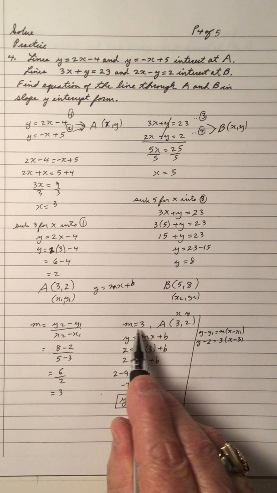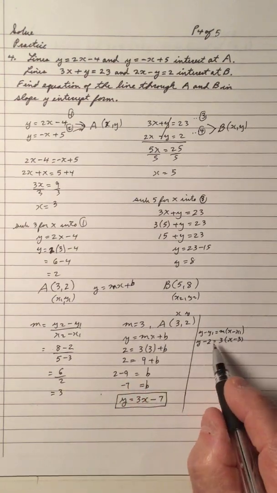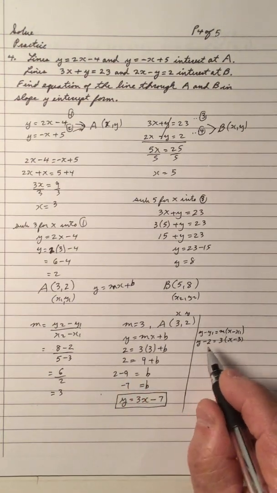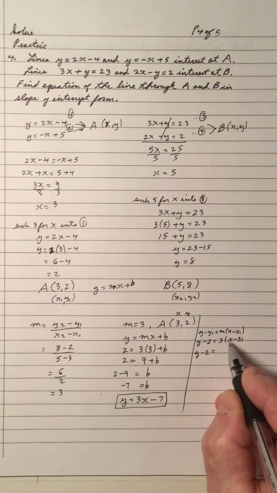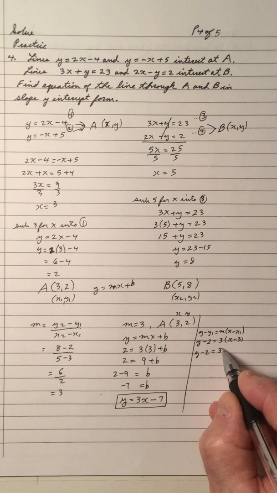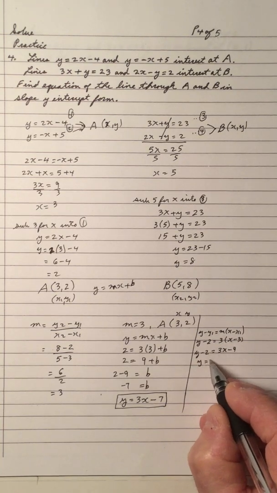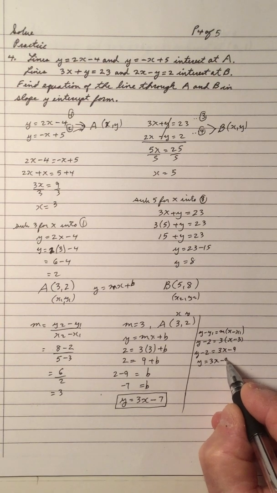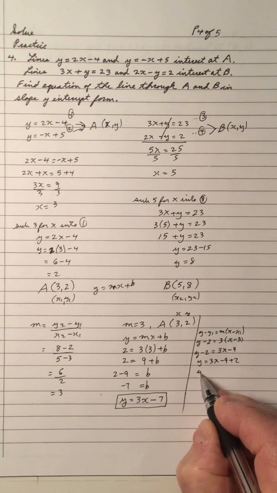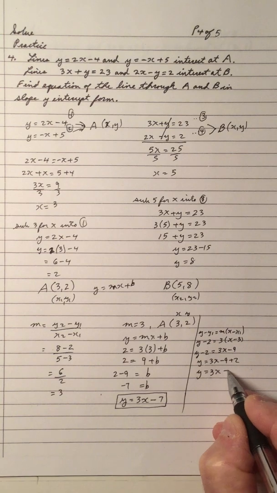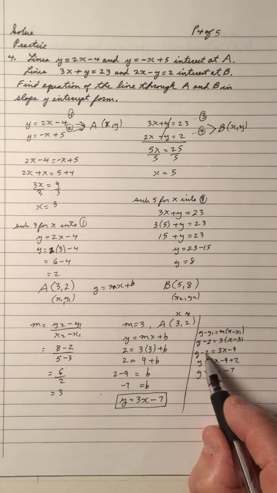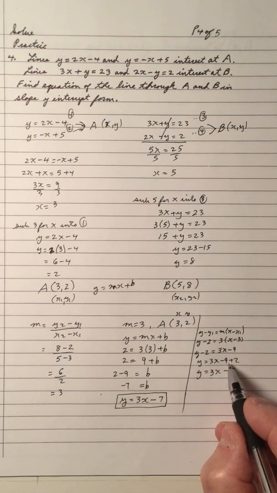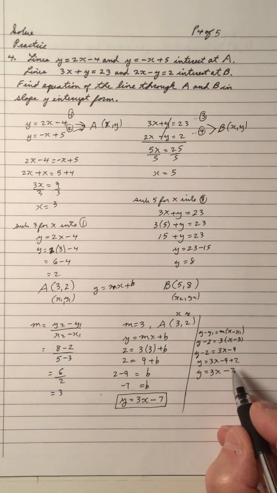I'm still using this information, but I'm putting it into a different form. So multiply by 3 and bring the 2 over. When I multiply by 3, I get 3x minus 9. Bring the 2 over, make it plus, and add. Negative 9 and 2 is negative 7.